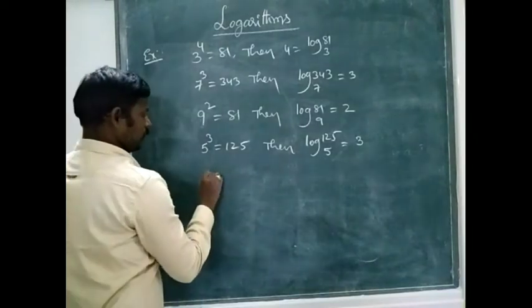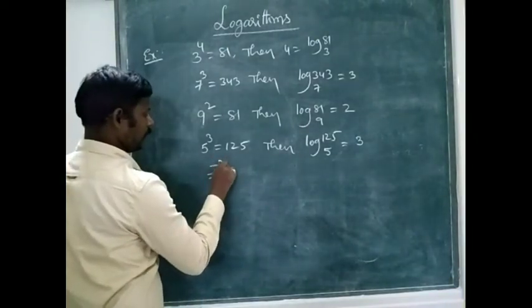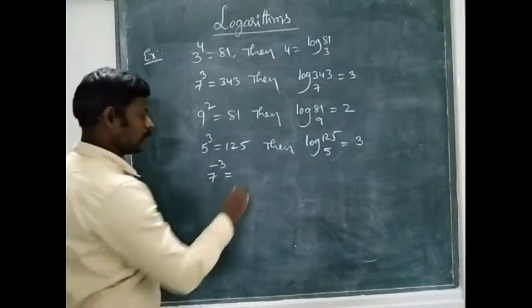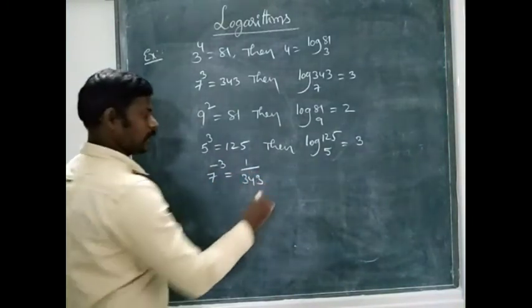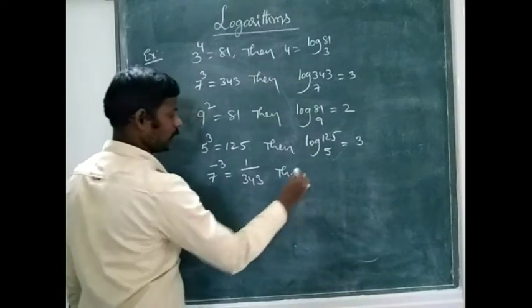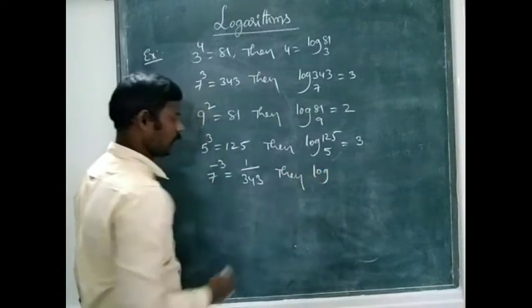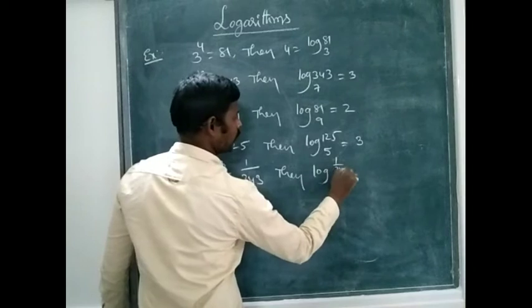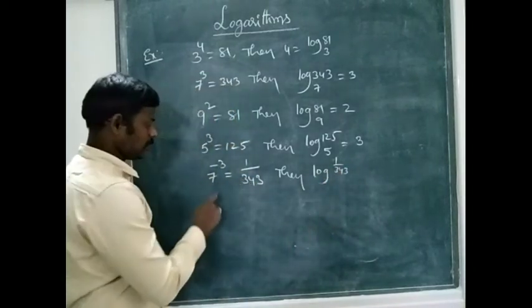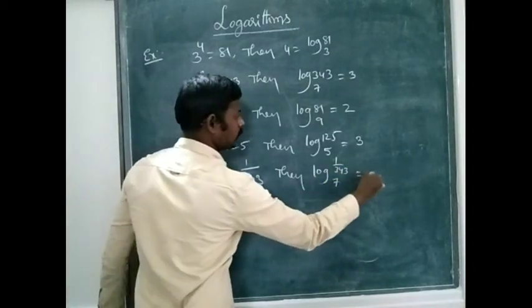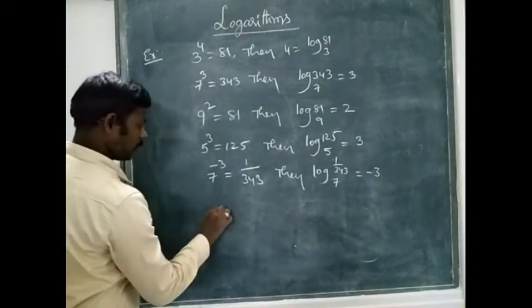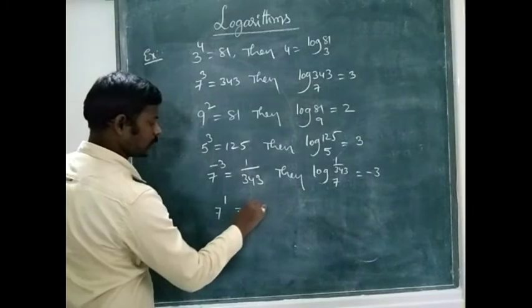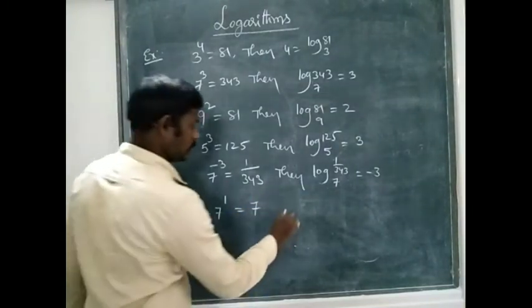Next, 7 to the power minus 3 is equal to what value? 1 by 343. Then how to write the logarithm? The logarithm of 1 by 343 with base 7 is equal to minus 3. Again, 7 to the power 1, how much, children? 7.